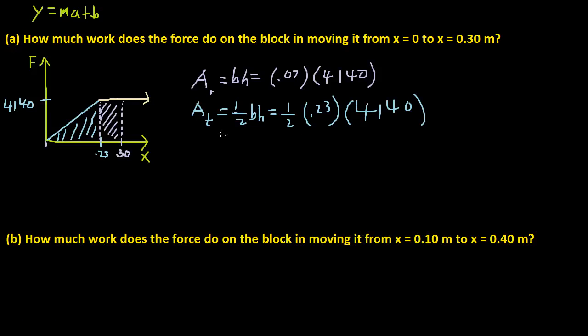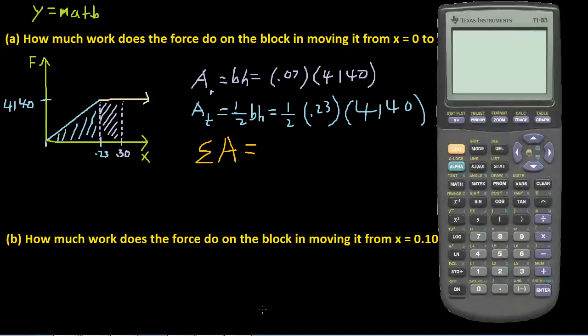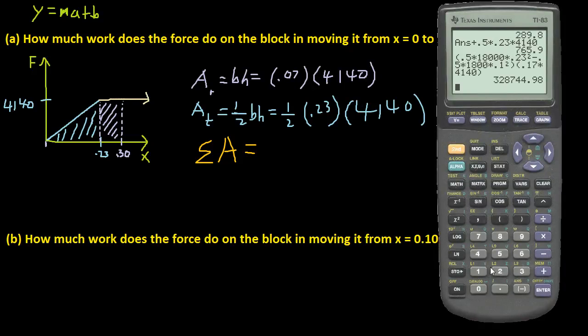All you have to do is figure out this value and this value and add them together. So our total area is going to be 0.07 times 4140 plus 1/2 times 0.23 times 4140.